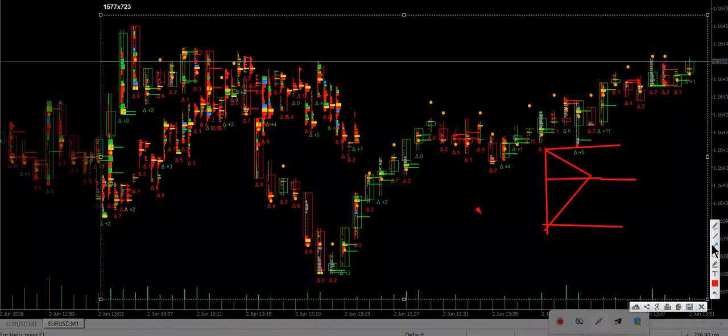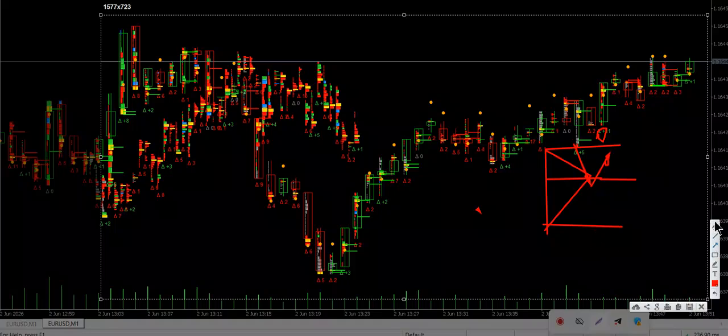Then we just discussed that let the candle come to the POC. If it opened in this section or above the value area, then let the candle come to the POC in this area, then it will go back.